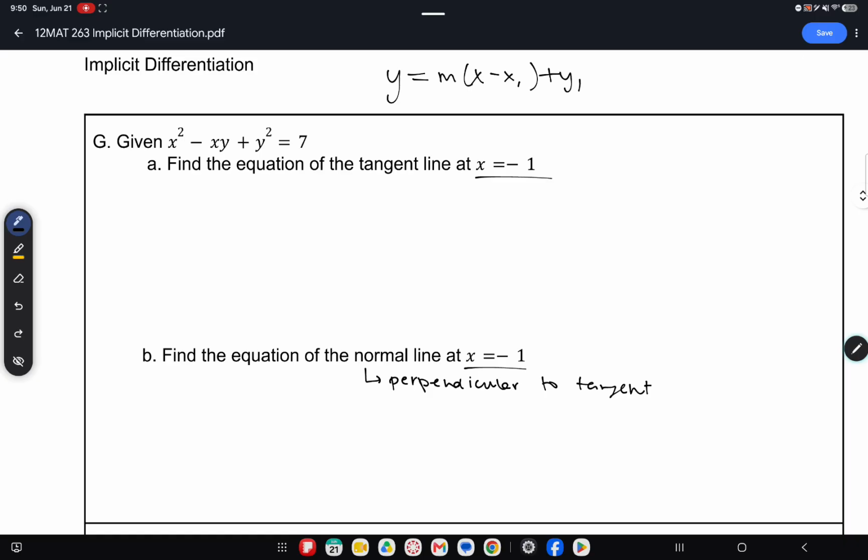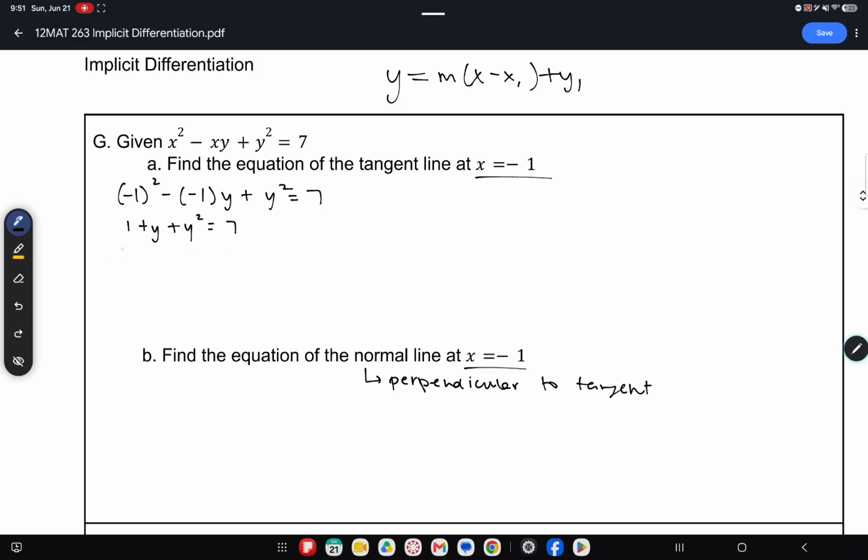I like to find y first, so I'm going to do that. So x squared minus x times y plus y squared is 7. So let's see what we have here. So that's going to be 1 plus y squared equals 7.